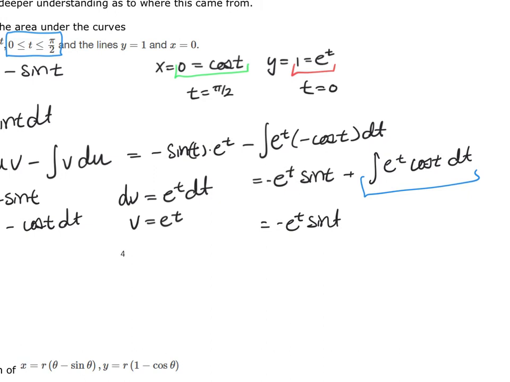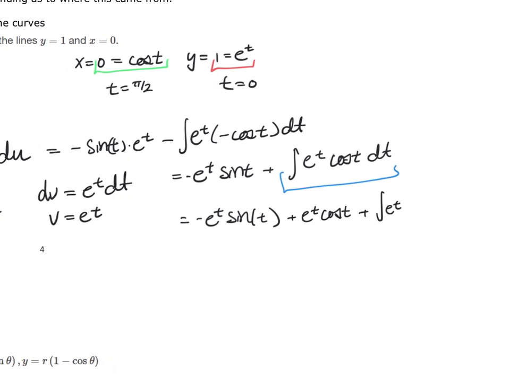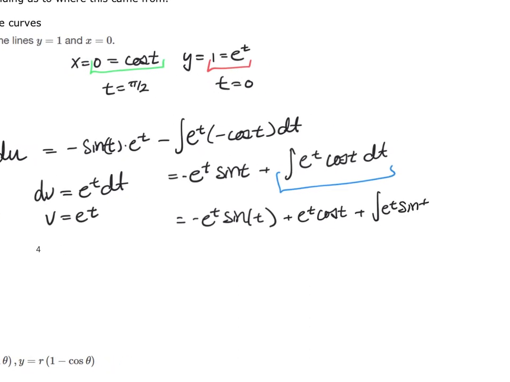That looks like something else, like it shouldn't be. Being lazy, stop that. Okay. Plus e to the t, the cosine of t, plus the integration of e to the t, the sine of t, dt.